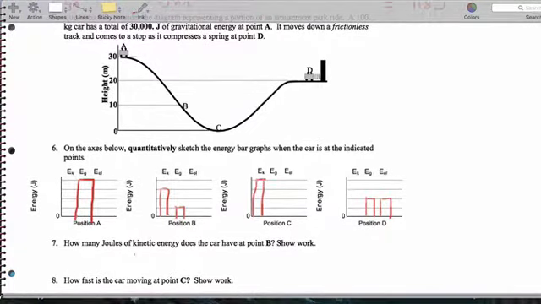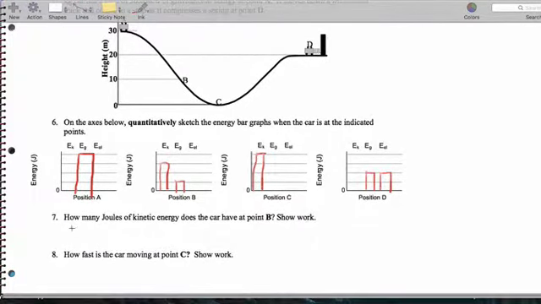So we want the kinetic energy at point B. What we're going to do is set up our equation. So we have EG at A, using the bar graph, equals EG at B plus EK at B. And now I can put in some numbers. Sorry, this is EK, not E alpha.